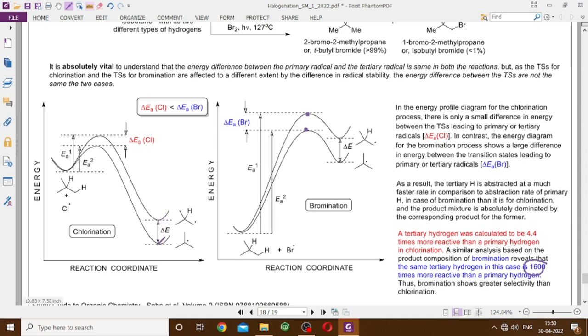If the energy difference between the two radicals is delta E, then the greater the radical character of these two transition states, the greater is the difference between their energy. And therefore, the activation energy difference between the two transition states for bromination is higher than the activation energy difference for chlorination. As a result, this radical is formed 1600 times faster than that radical, and the same radical is formed only 4.4 times faster than that radical.